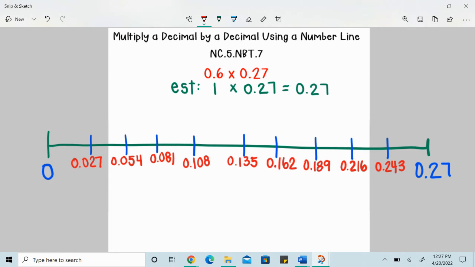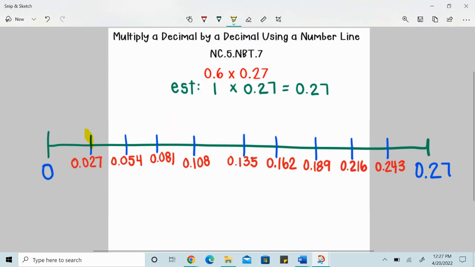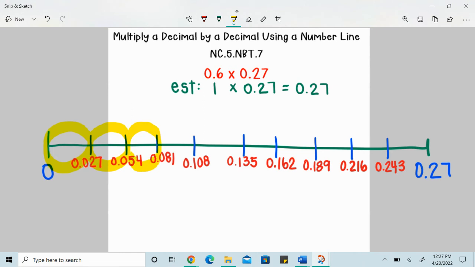So now I have my number line split into 10 equal parts. This 27 hundredths is split into tenths. And now I know what I need to find is 6/10 of this 27 hundredths. So right here, that's 1/10 of 27 hundredths. This would be 2/10 of 27 hundredths, 3/10, 4/10, 5/10, 6/10.